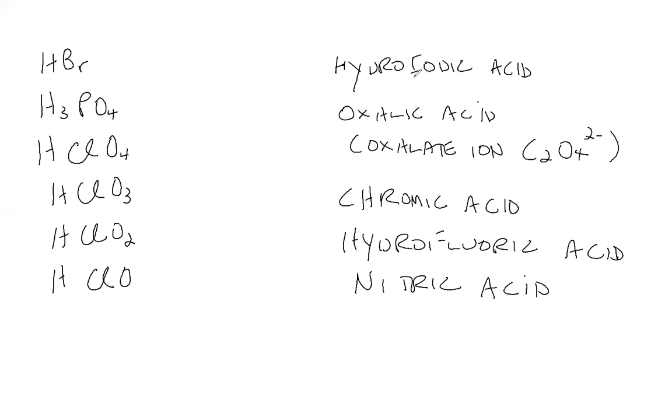Over on this side, hydroiodic acid, it begins with hydro. We know we don't have polyatomic ions. It's H, iodide is -1, so we only need one hydrogen, HI. I always think of this as the friendly acid. Okay, for oxalic acid, I gave you that the oxalate ion is C2O4 2-.